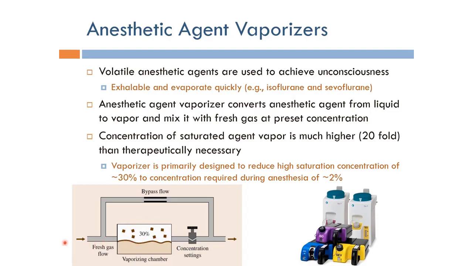So if we have fresh gas input and pass part of that into this vaporizing chamber and another part in a bypass flow, and we control the ratio between these two, we can get the concentration that we need on the other side. So vaporizers are primarily designed to reduce the high saturation concentration of almost 30% to the concentration required during anesthesia, which is about 2%.